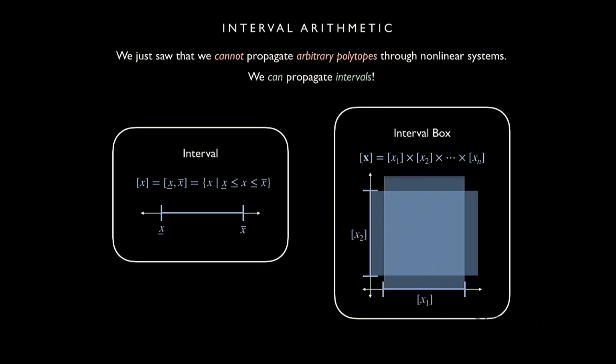We take their Cartesian product, which looks like rolling them out and looking at where they overlap. So the Cartesian product of x1 and x2 is this bold x, this square here. Hopefully this looks familiar to all of you. It's the same thing as a hyperrectangle. When people talk about interval arithmetic and intervals, they often call them interval boxes, but it's the same thing. It's a hyperrectangle, an axis-aligned polytope.